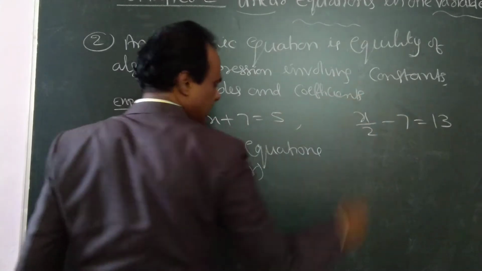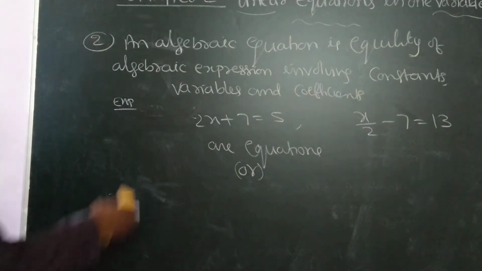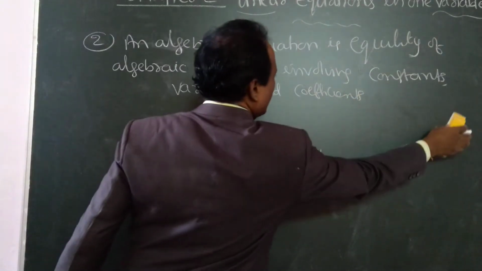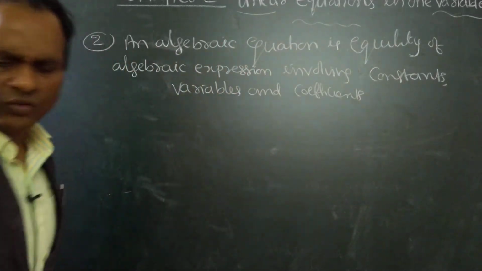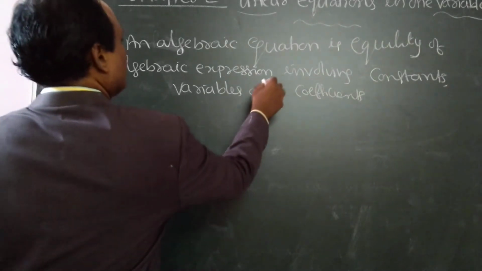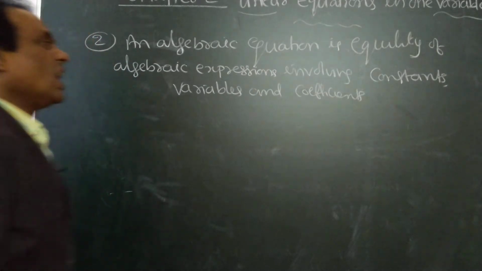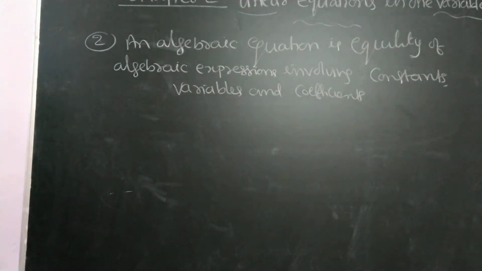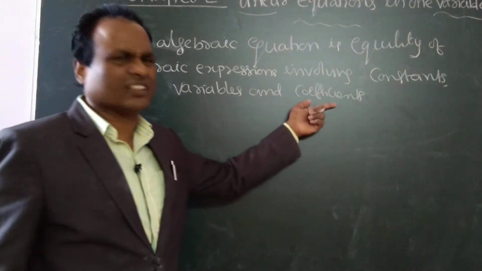Like this also you can tell. Equal symbol, equation, that's all. Nothing else. And the definition is also not necessary. I just gave it for your understanding. Write down. An algebraic equation is equality of algebraic expressions involving variables and constants. Coefficient is nothing special.